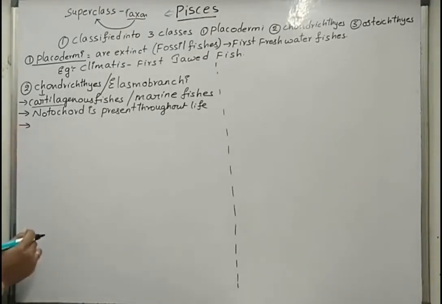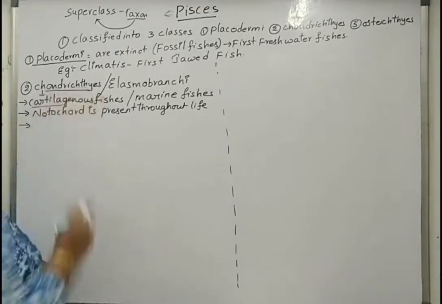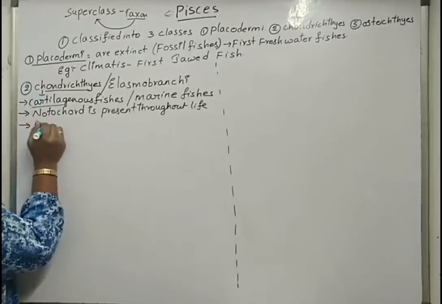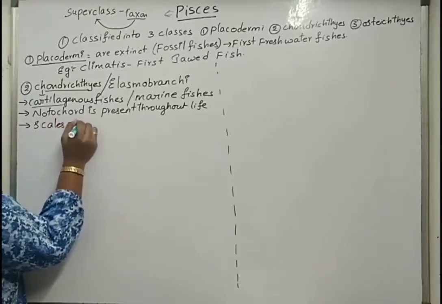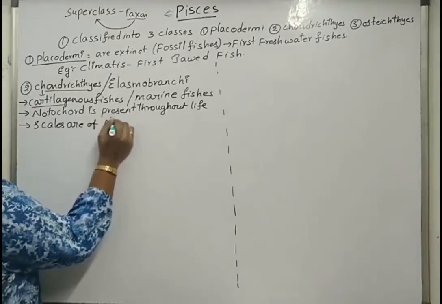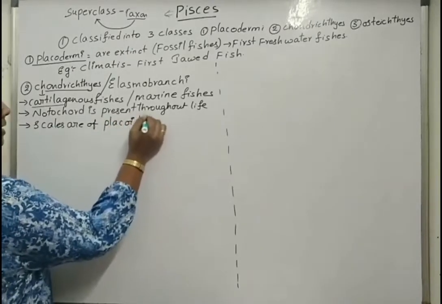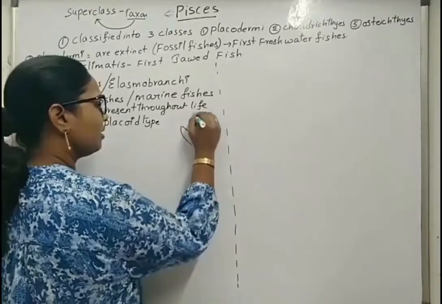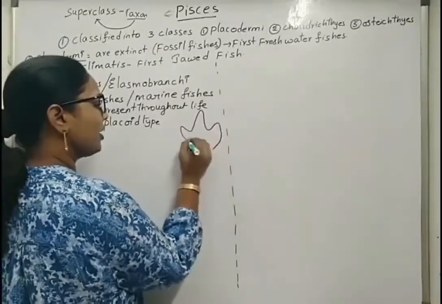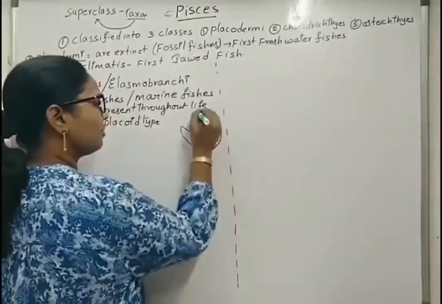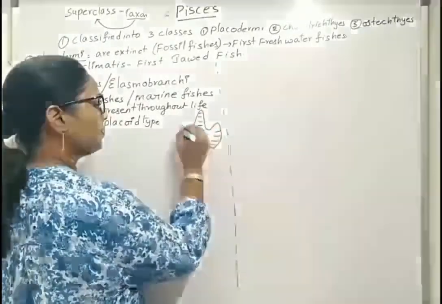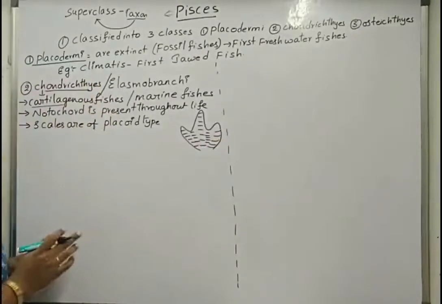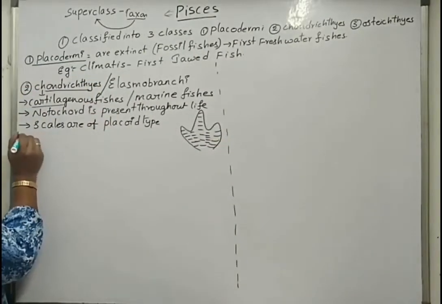The type of scales of these Chondrichthyes are termed placoid scales. Scales are of placoid type, which means this shaped scales are present in Chondrichthyes.